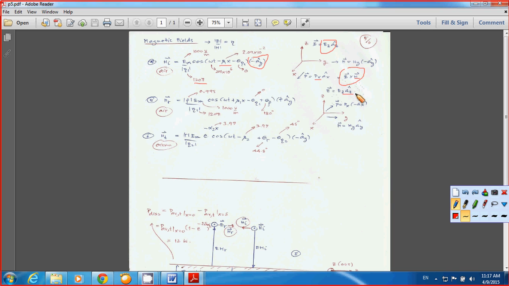So your H has to be negative AY to get the cross product in the AX direction, right? So that's why I have negative AY here. That's very important. Please keep that in mind.